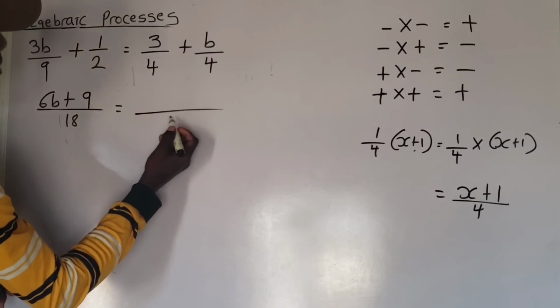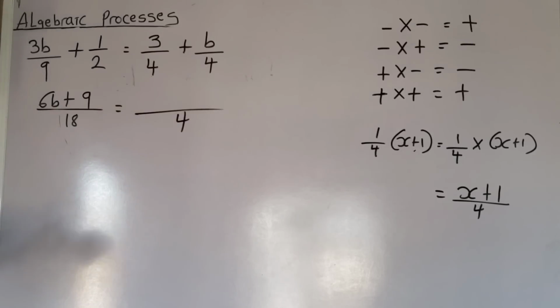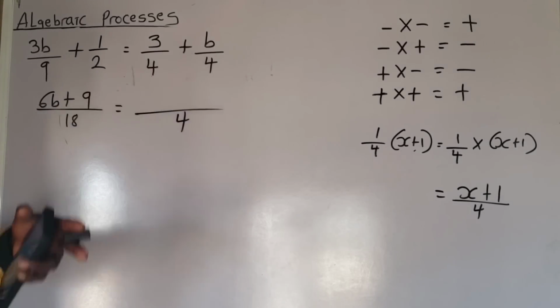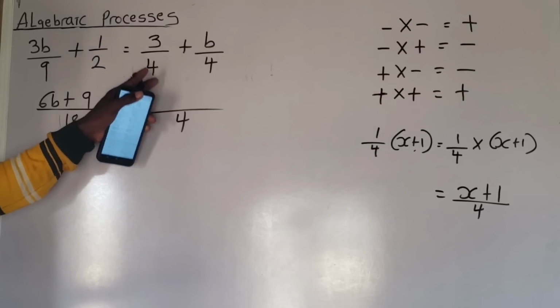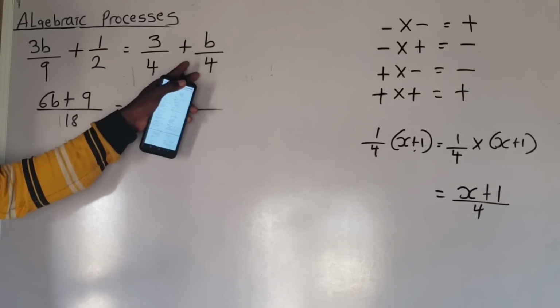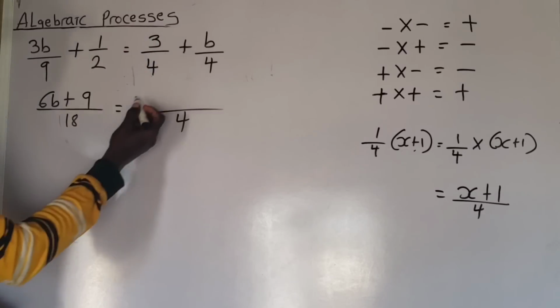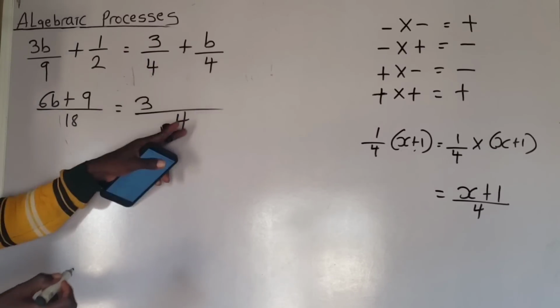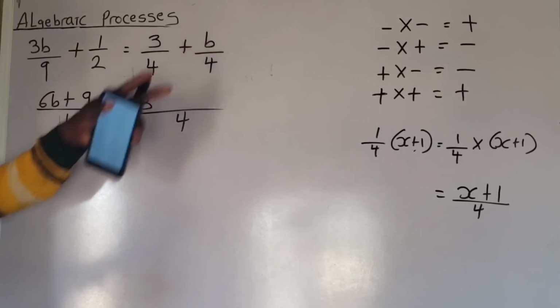LCM is the lowest common multiple. So the LCM of 4 and 4 is what? 4. That is the lowest number that is divisible by both denominators. That is the LCM, okay? And 4 is divisible by both 4s. So 4 divided by 4 is what? 1. 1 multiplied by 3 is what? 3. 4 divided by 4 is what? 1. 1 multiplied by b is what?